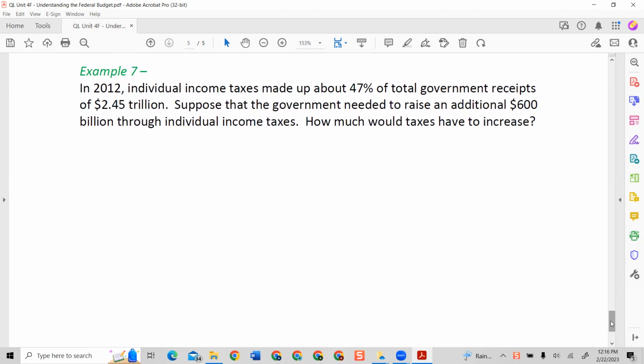So individual income taxes accounted for 47% of this 2.45 trillion. Or we can write this as, turn this into a decimal and multiply it by the 2.45.